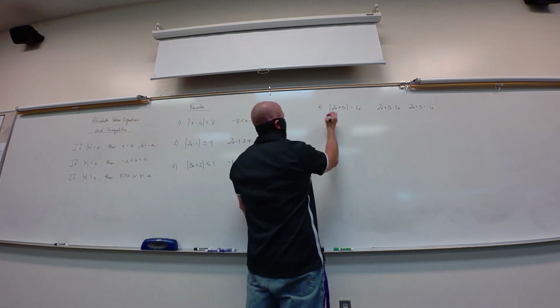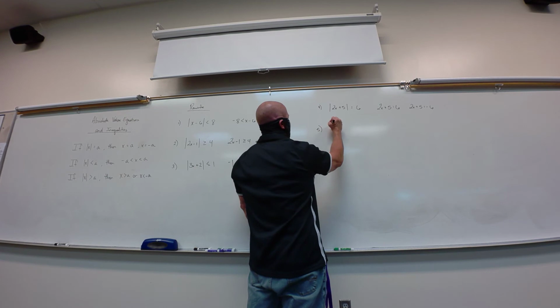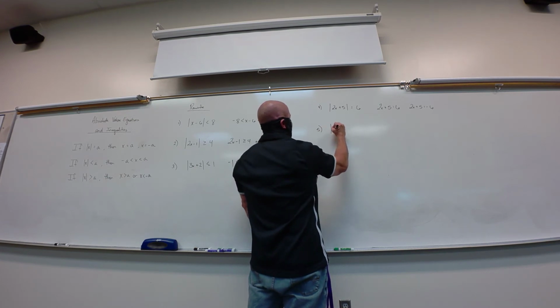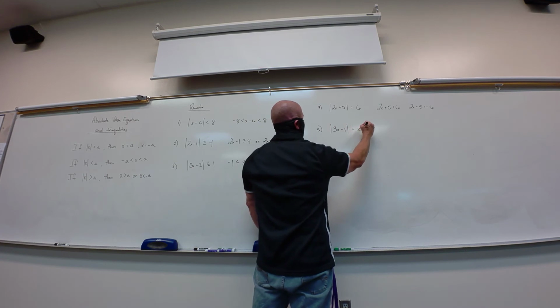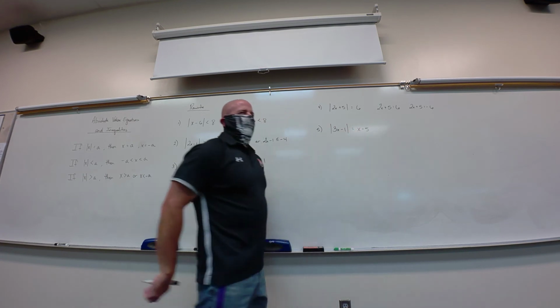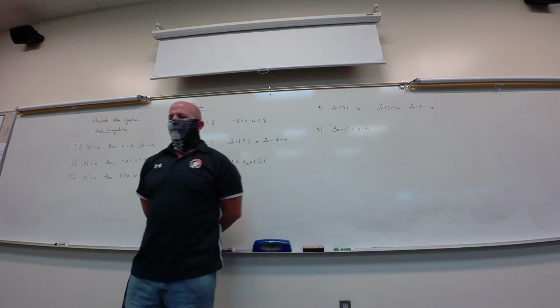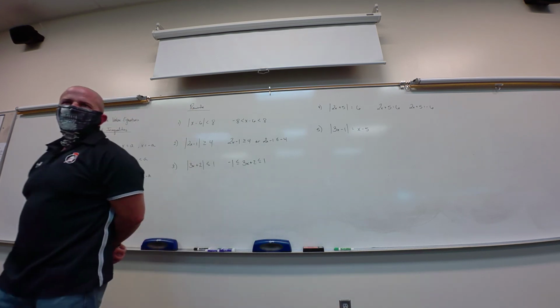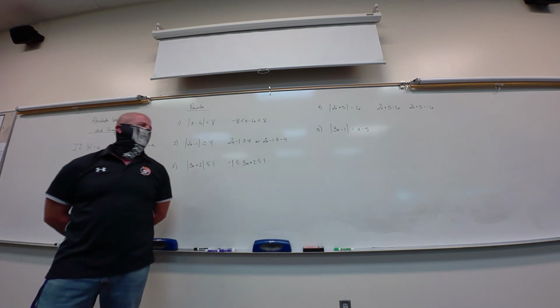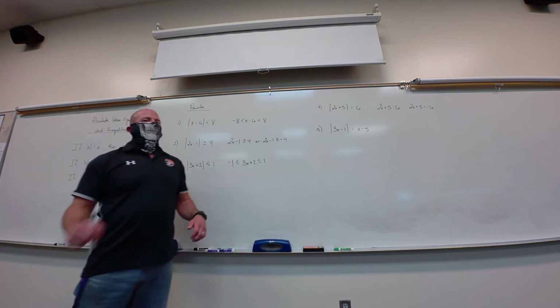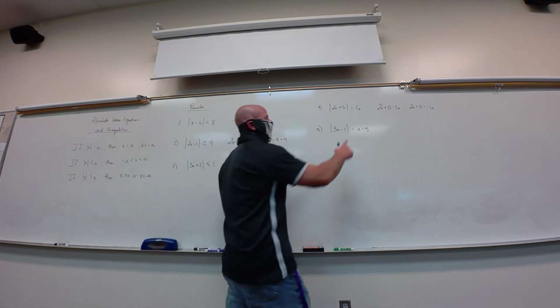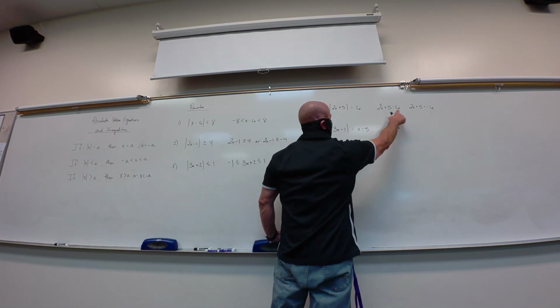Sometimes equations can look a little bit tricky. If I did something like this, absolute value of 3x minus 1 equals x minus 5. I mean, we've seen equations where we've got an x on both sides. That's not new to us. What's new is we're kind of mixing in an absolute value here. Okay. Two equations, the positive or the original.